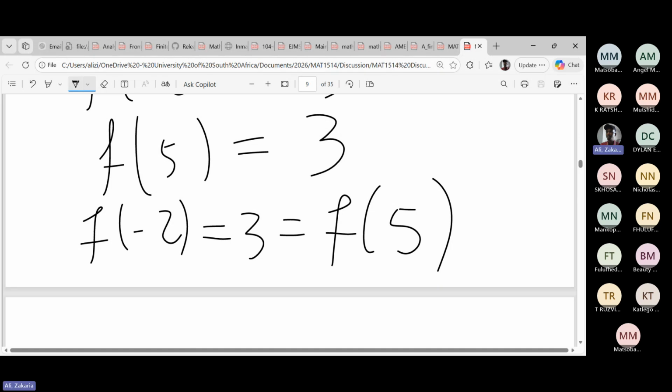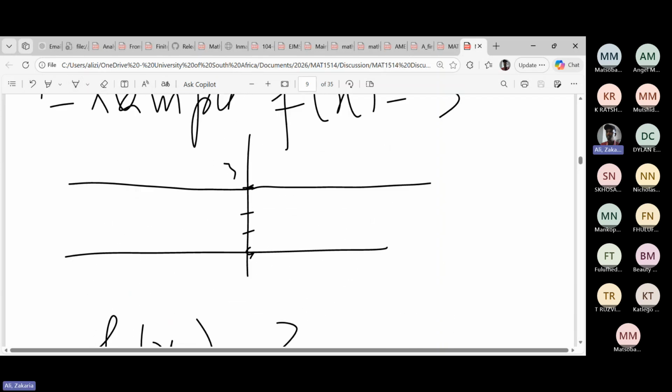Remember the definition of a one-to-one. I'm giving you an example and counterexample so you can pick up the definition of one-to-one. Now for the horizontal line test, when you test it on this function, what can you see? The line passes through how many points? Infinitely many of them, right?